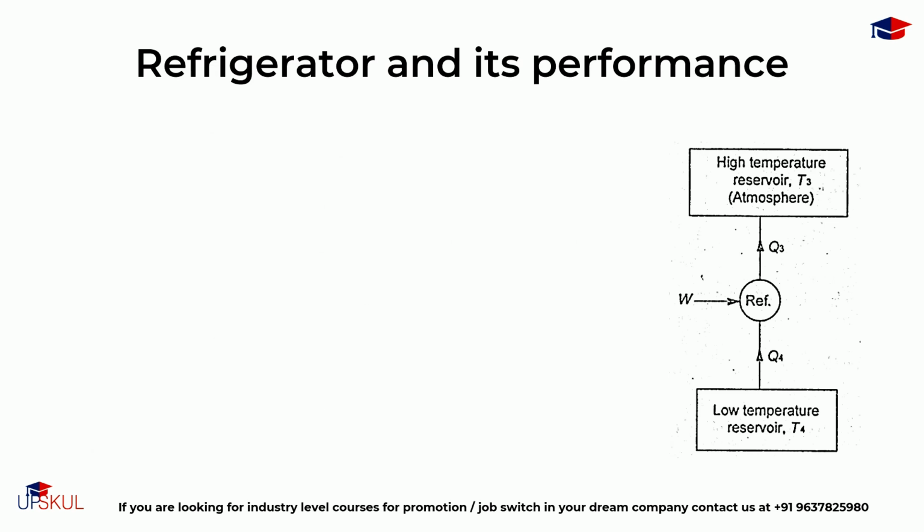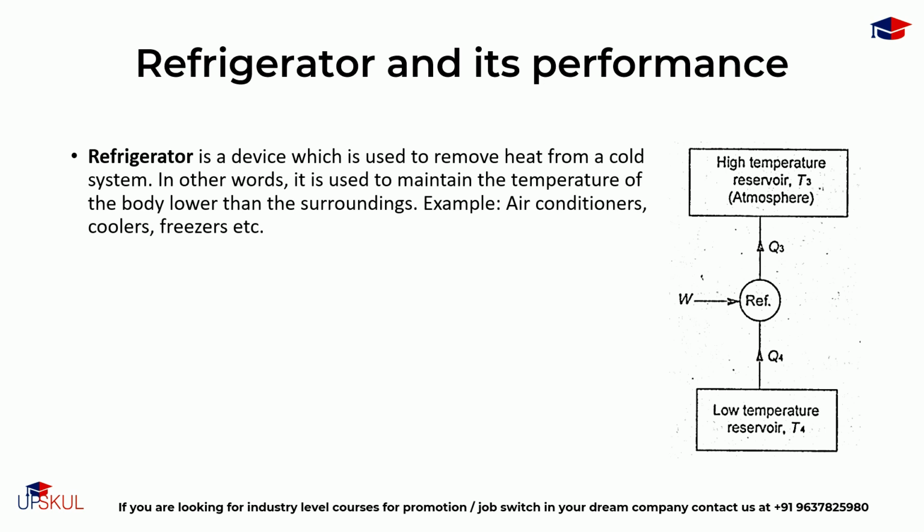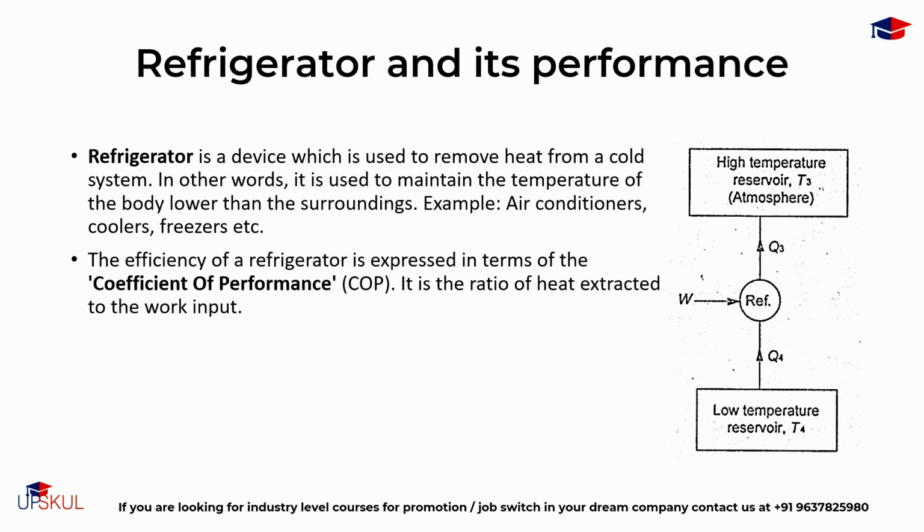Next is refrigerator. Now, a refrigerator is a device which is used to remove heat from a cold system. In other words, it is used to maintain the temperature of a body lower than the surroundings. Okay. ACs, coolers and freezers are all refrigerators in terms of thermodynamics. Now, efficiency of a refrigerator is expressed in terms of coefficient of performance, which is the ratio of heat extracted to the work input.